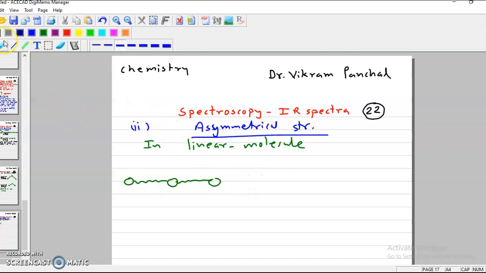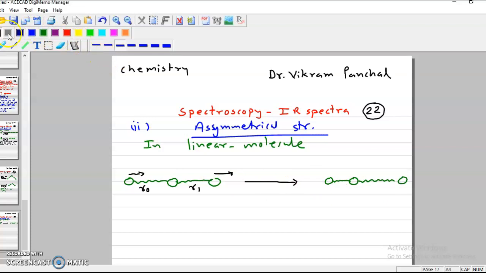Now here one atom will be going in this direction, another is going in the same direction but away from central atom. So if this bond length is R0 and this is R1, now see what happened when atoms move in this molecule. This is central atom as it is, and this right side atom is going away from it and left side is coming close to central atom.